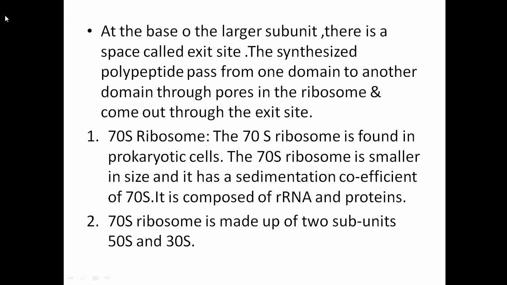At the base of the larger subunit there is a space called the exit site. The synthesized polypeptide passes from one domain to another through pores in the ribosome and comes out to the exit site.